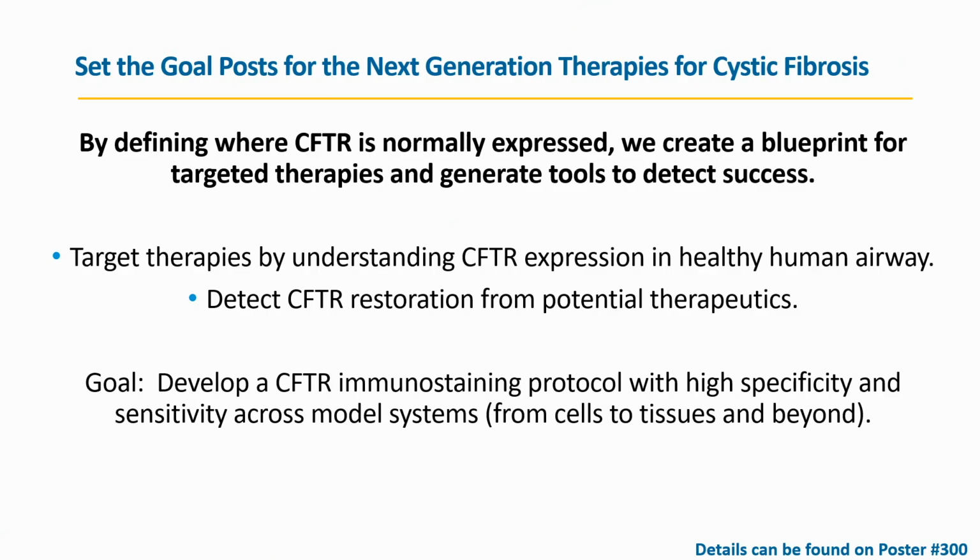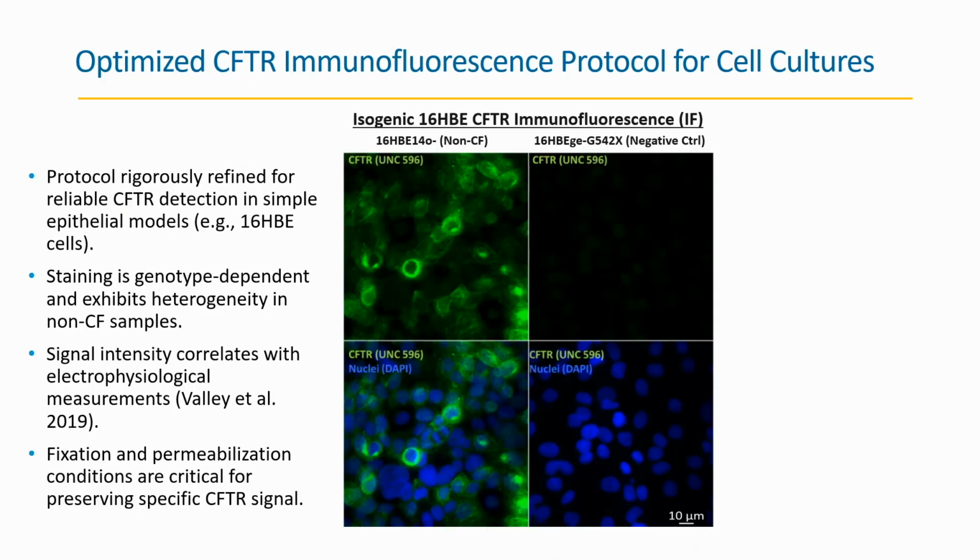This ultimately led us to develop a CFTR immunostaining protocol that's highly specific, highly sensitive, and adaptable across several model systems to achieve all of these goals. We began our optimization process in the simple cell landscape of 16 HBEs. Now, rigorous optimization went into this, but our goal readout for initial optimization was genotype specificity.